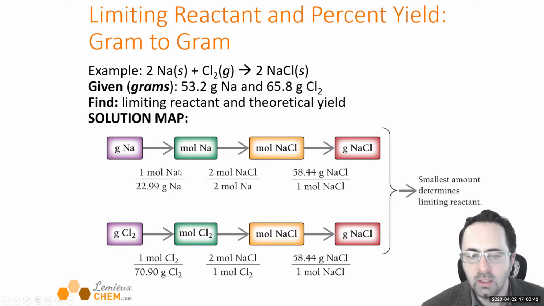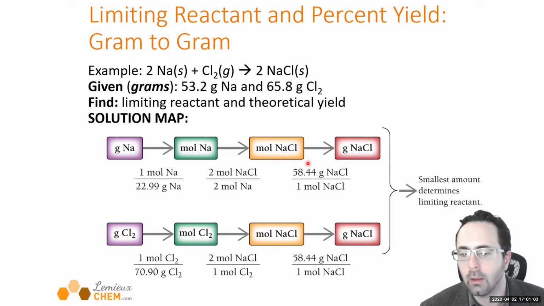For step 1, we'll use the molar mass of sodium, which is 22.99 grams per mole from the periodic table. For step 2, we'll use the balanced equation. 2 moles of sodium make 2 moles of sodium chloride. And for step 3, we'll use the molar mass of sodium chloride, which I didn't go through calculating this time, but 1 mole of sodium chloride is 58.44 grams.